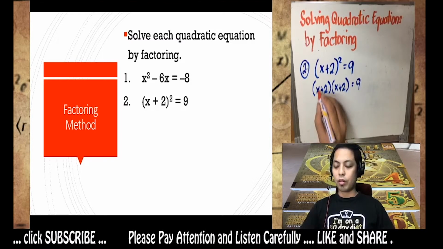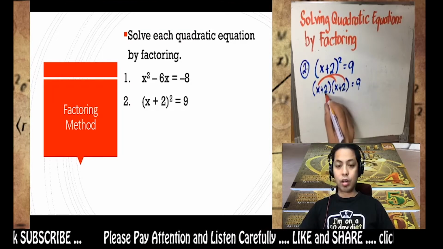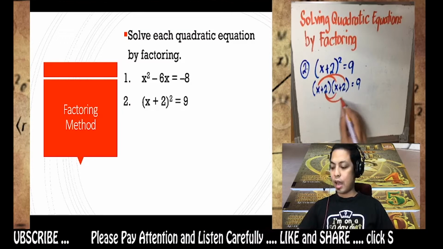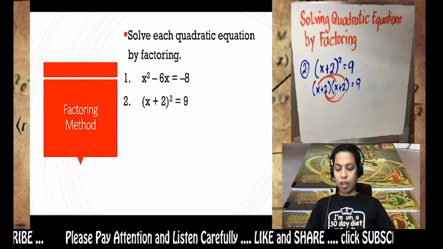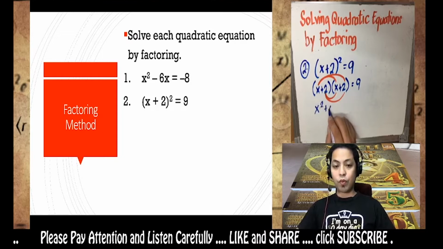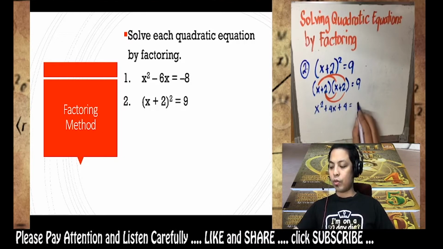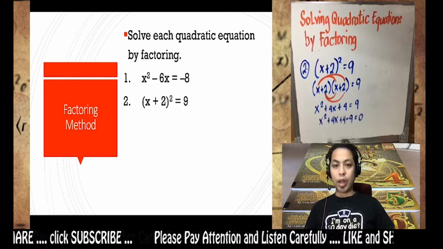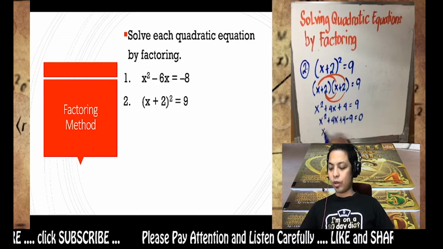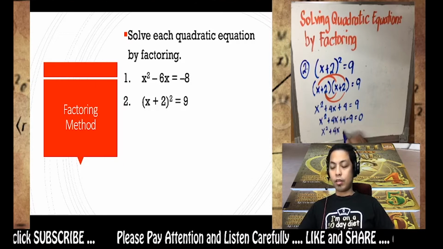By FOIL method, first, outer, inner, last. So, magkakaroon tayo ng x squared plus 4x plus 4 is equal to 9. Combining like terms, we have x squared plus 4x.